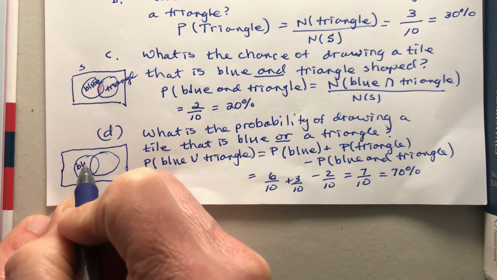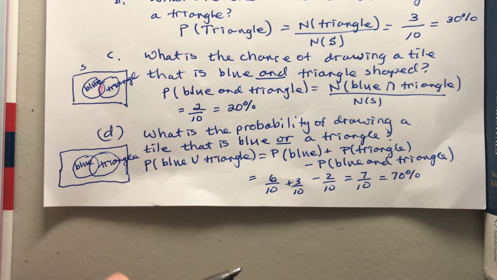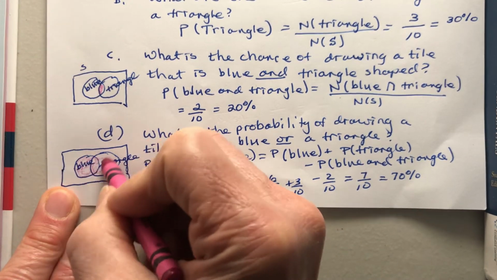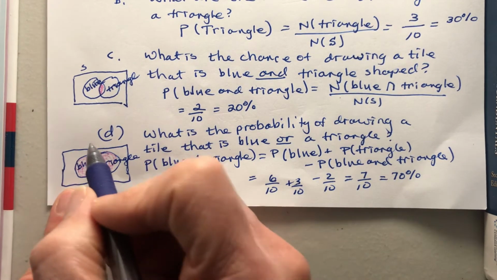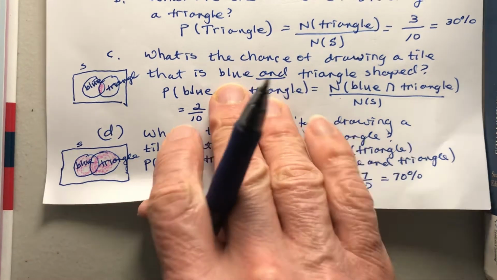So you have blue, triangle, and the union is this. That's or. It's things as shown.